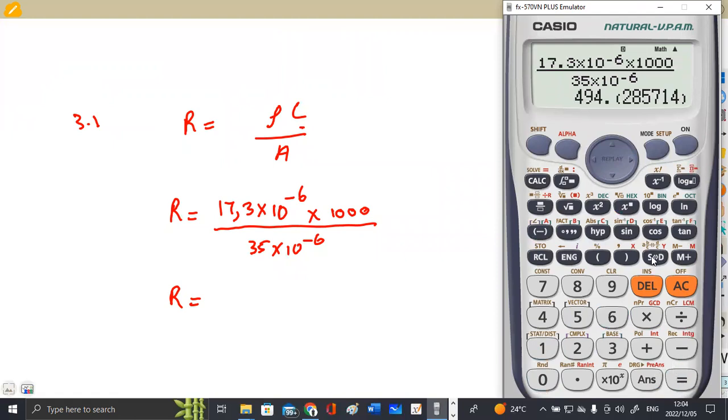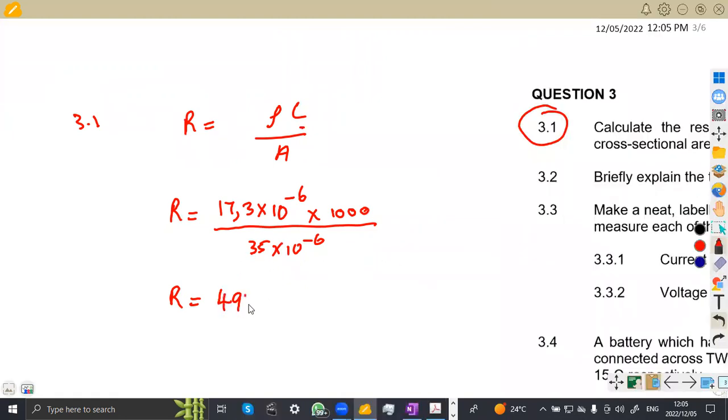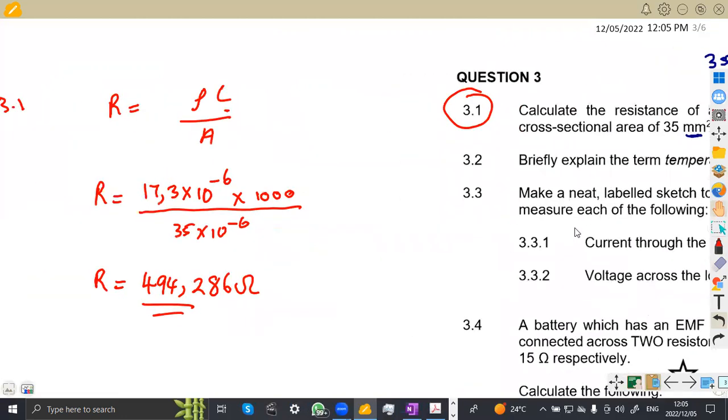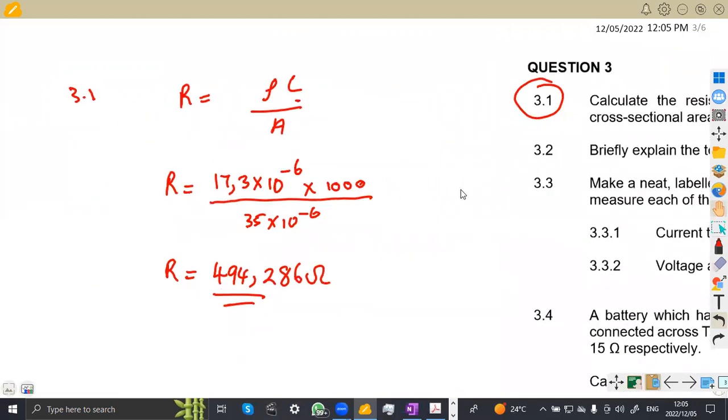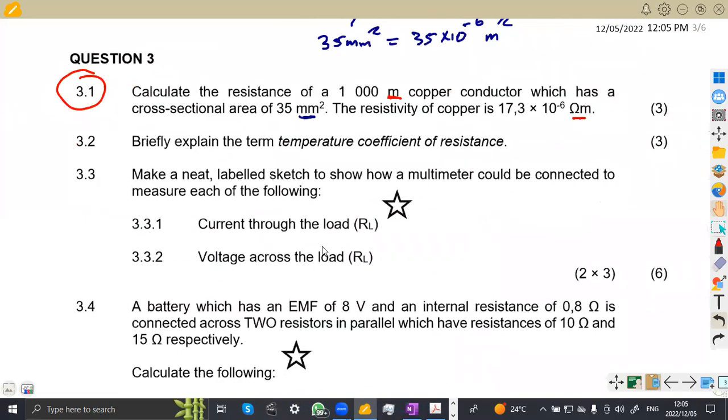So we are going to obtain the resistance of the circuit, which is 494.286, the 5 rounds up to 6, so that is 494.286 in ohms. So that was the total resistance. Knowing your formula and substituting into the formula, that was the concept of the question there.